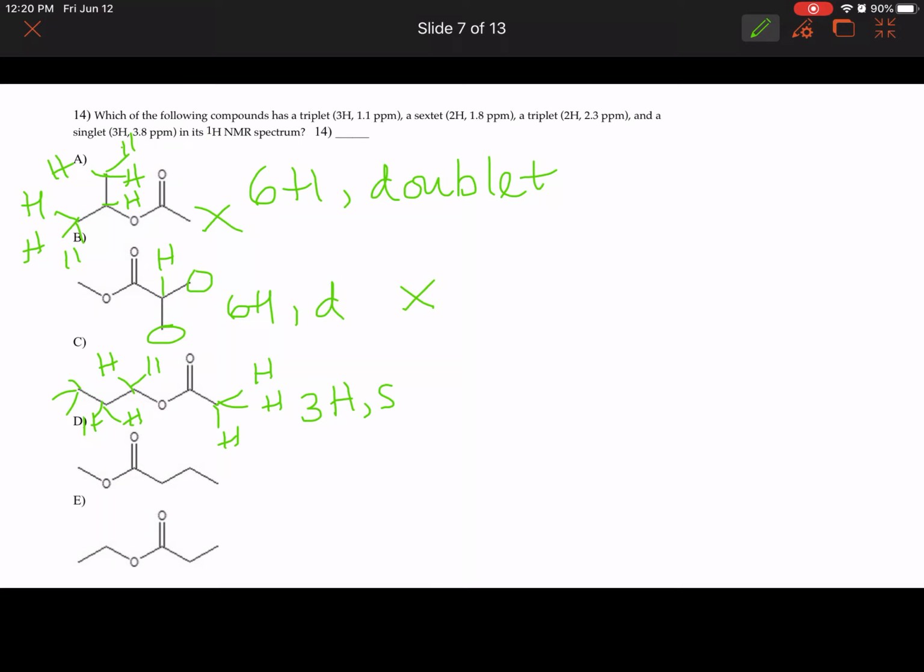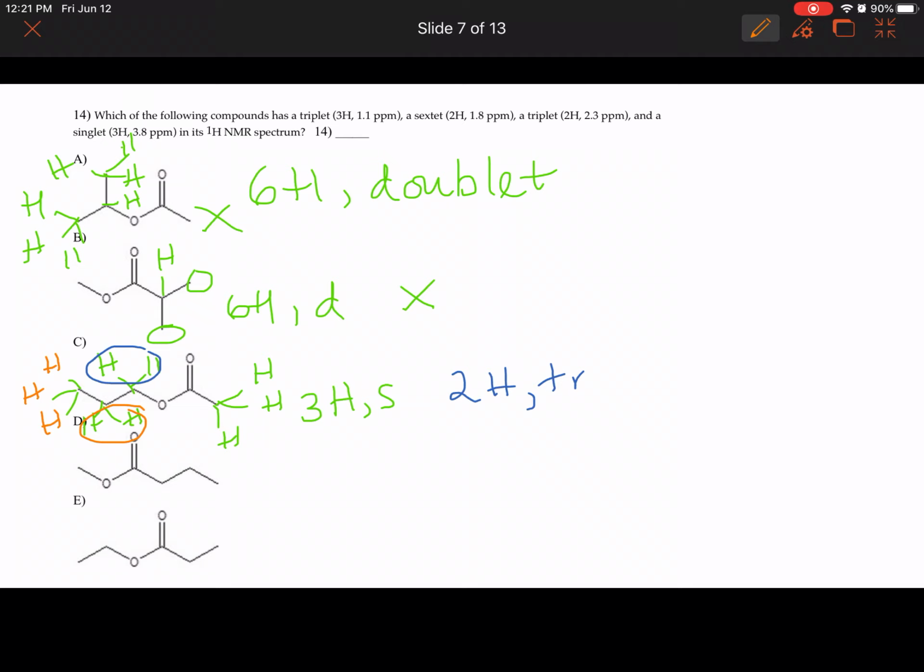And then what about these 2 hydrogens? The blue one would be a 2 hydrogen triplet. And then what about the orange 2 hydrogen? That 2 hydrogen can be split due to the neighboring hydrogens on the left and the right. There are 3 on one side and then 2 on the blue circled hydrogen.